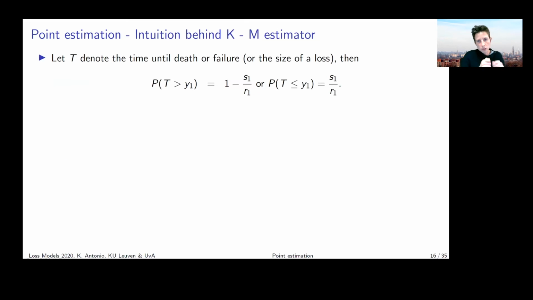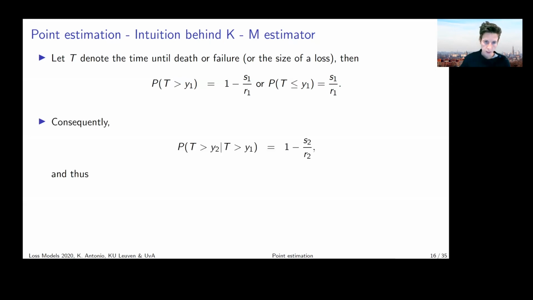If I look at T, the random variable of interest, then I know the probability that T is strictly larger than Y1 is 1 minus the number of people, the size of the group, who experienced the event of interest at Y1, S1, divided by the size of the group who could potentially observe the event of interest at Y1.